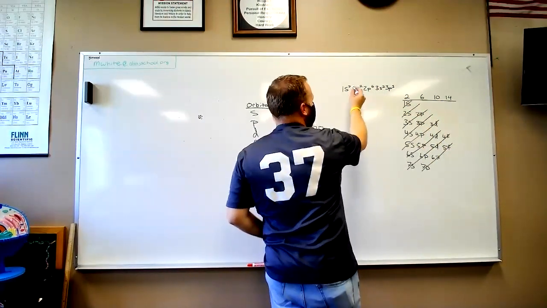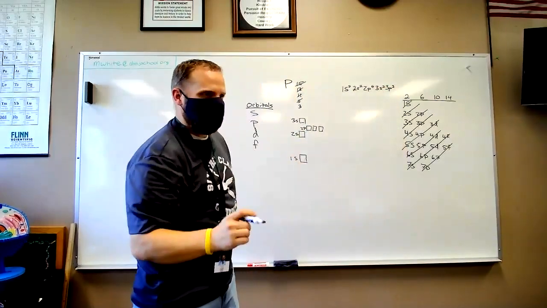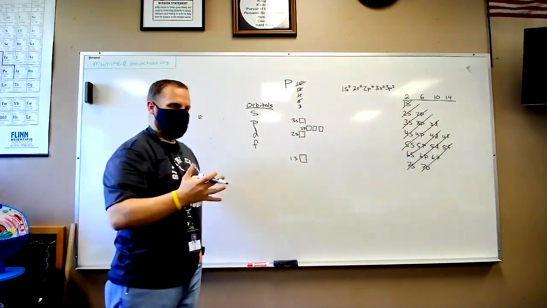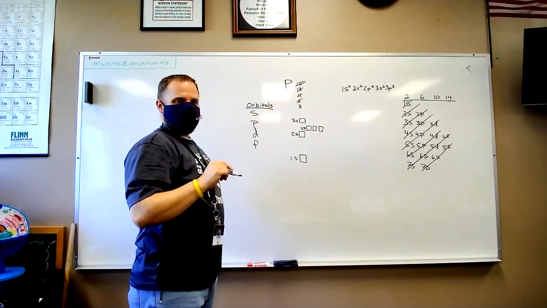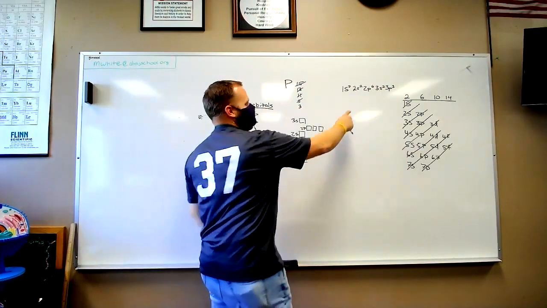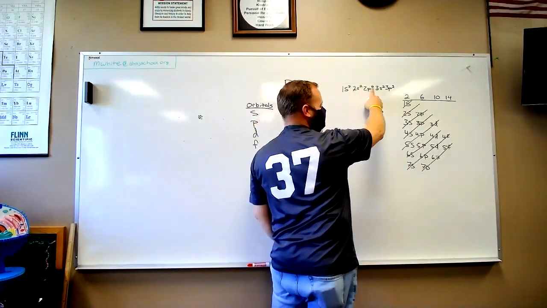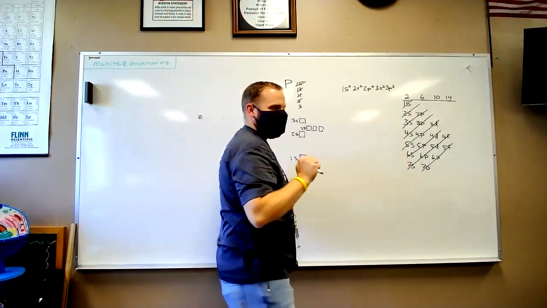Now, if we add up all of these numbers up top, if we've done it correctly, it'll tell us how many electrons we put in. We should be able to add all those up to get to 15. Okay? So 2 plus 2 is 4, plus 6 is 10, plus 2 is 12, plus 3 is 15.